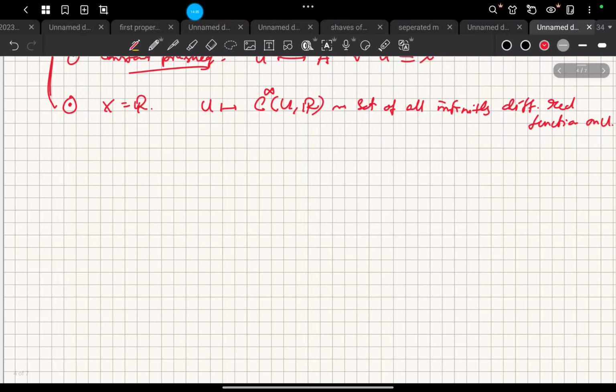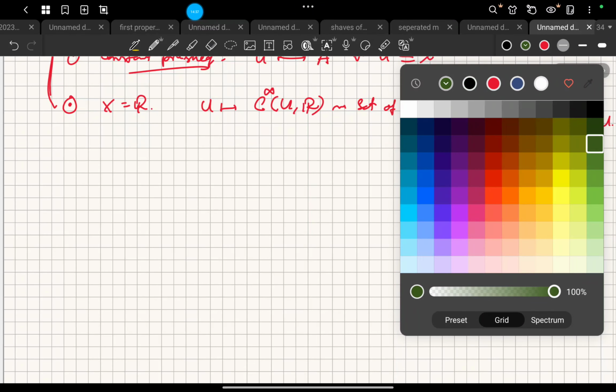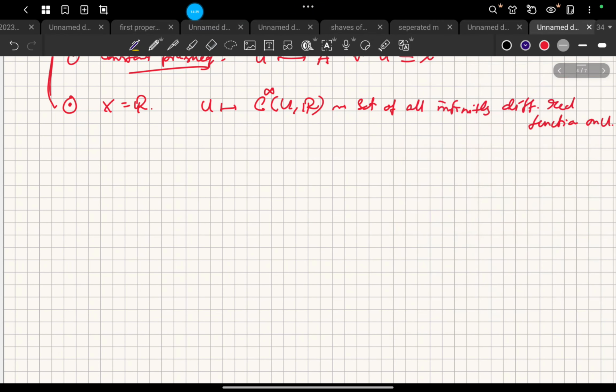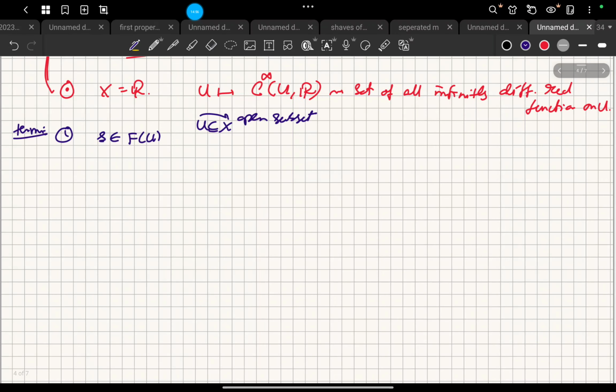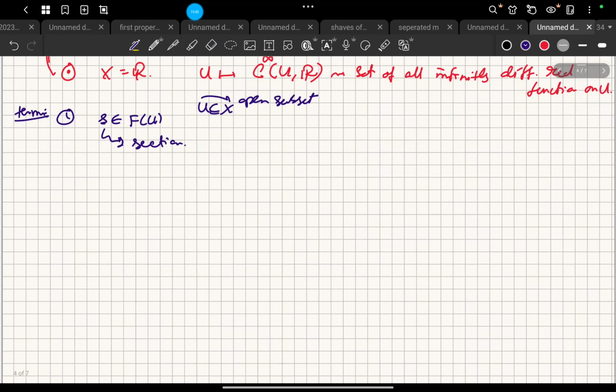Let us have some terminologies. If you take S belonging to F(U), where U is a subset of X and is an open set, any element of this F(U) we call a section.